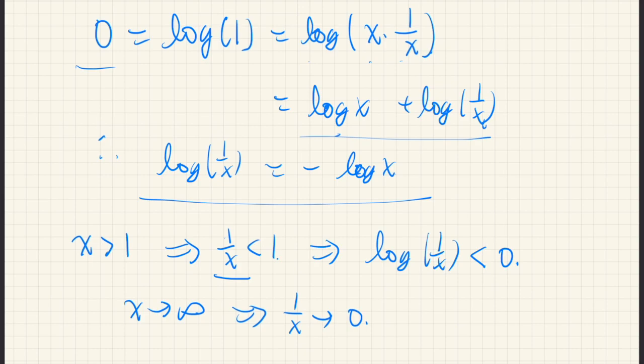And since log is a strictly increasing function of x, if 1 over x becomes smaller and smaller towards 0, then log of 1 over x becomes arbitrarily small. So it diverges to negative infinity.